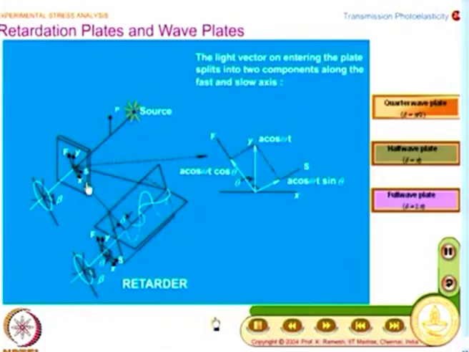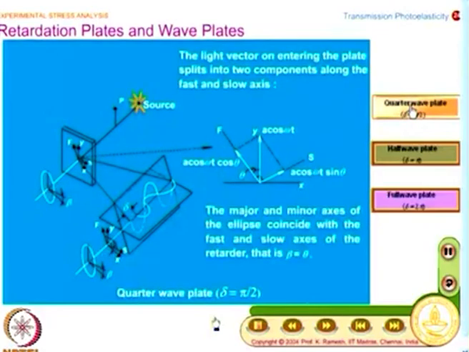Suppose I go and adjust the thickness of the plate and ensure that I have delta equal to pi by 2. It is 1/4 of a wave. So, I call that a quarter wave plate. So, what happens here?